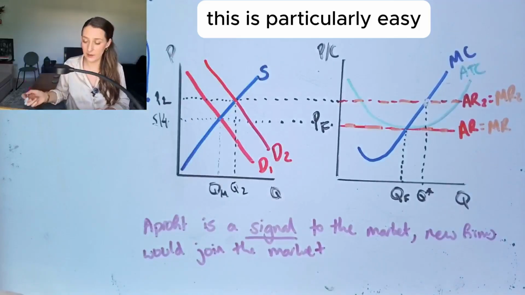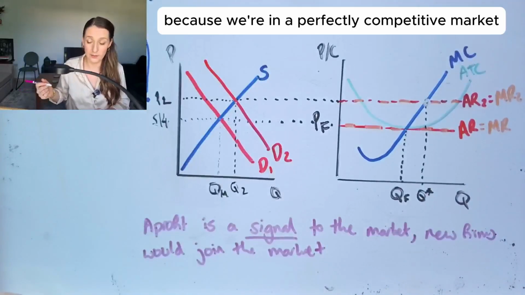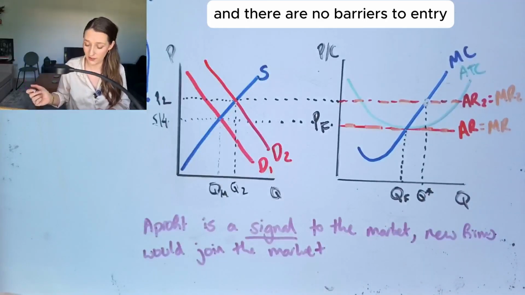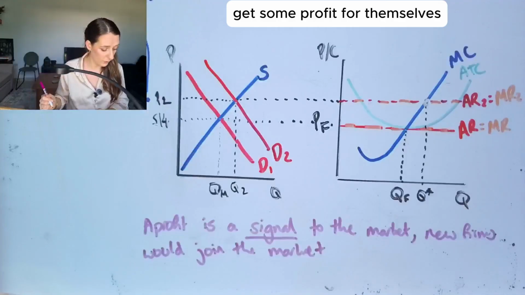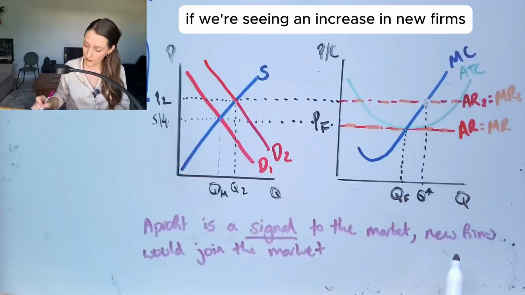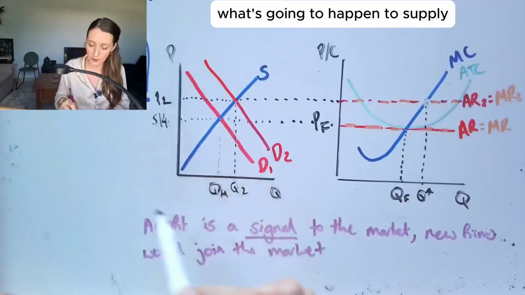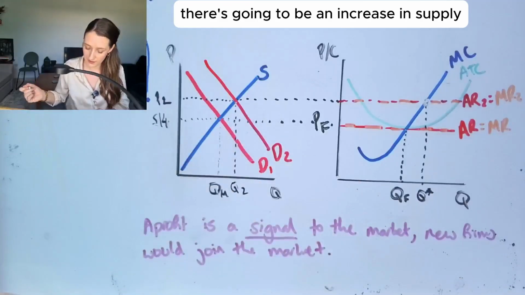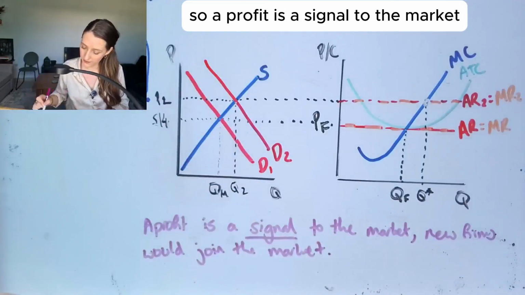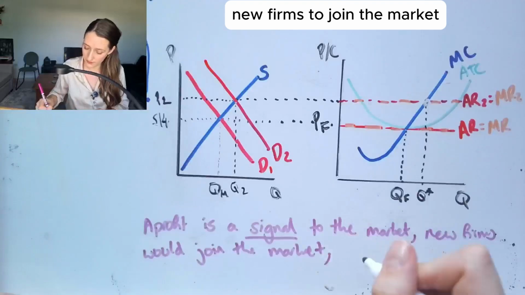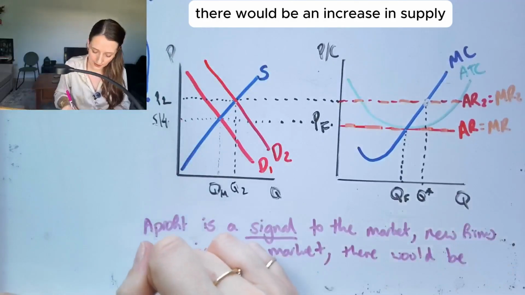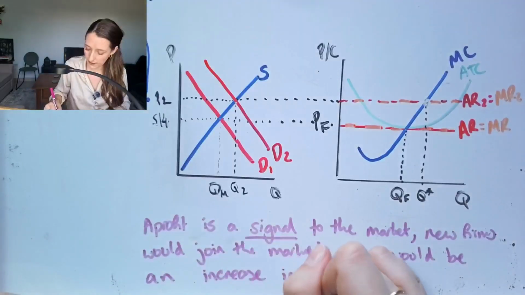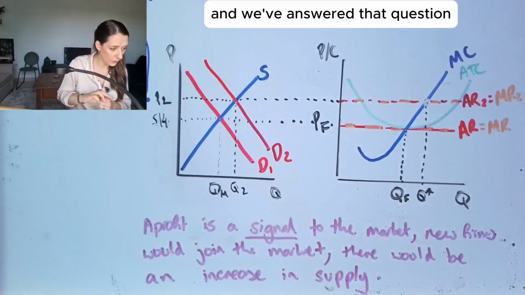This is particularly easy because we're in a perfectly competitive market and there are no barriers to entry. So if a profit is made, people will join that market to try and get some profit for themselves. If we're seeing an increase in new firms, what's going to happen to supply? There's going to be an increase in supply. So a profit signal to the market, new firms will join the market. There would be an increase in supply. And we've answered that question.